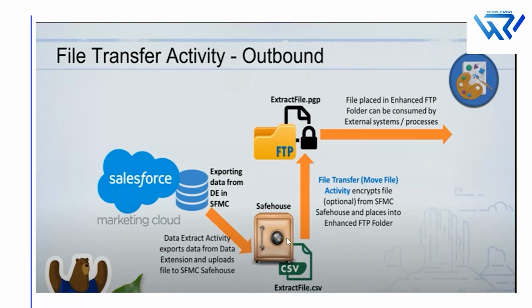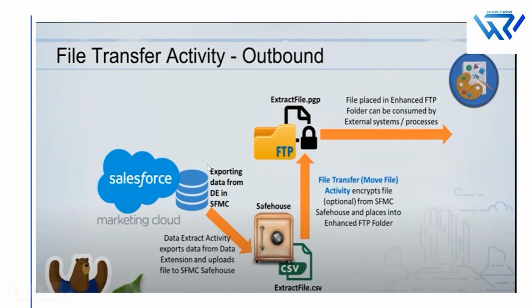You have a file location from where you can use the Safehouse location for import and export. For example, once I extracted the data, it went to Safehouse. Now from Safehouse, you have to send the data to SFTP.